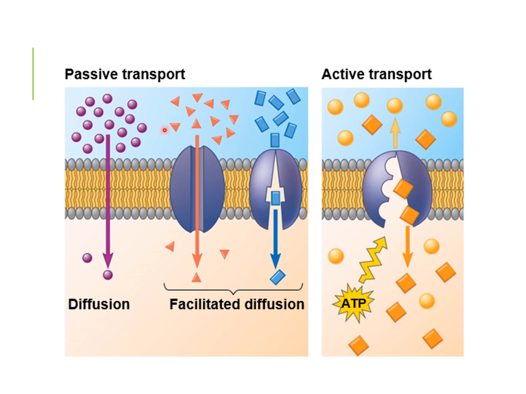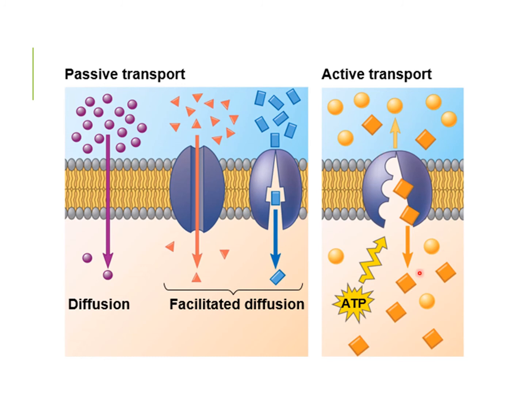And then you have facilitated diffusion. We have a channel protein right here where these molecules are able to go down their concentration gradient just with this opening. And then you have other transporter molecules which will only allow one or two at a time. So you'll have it open to the outside up here. A molecule will come in there, and then it'll open to the inside of the cell, and this molecule can leave.